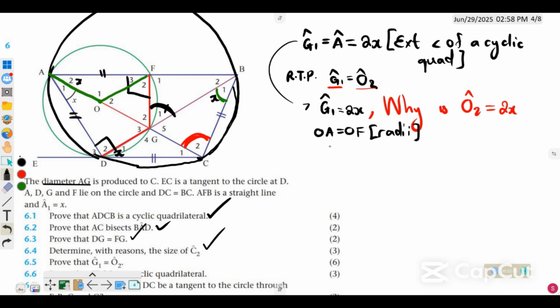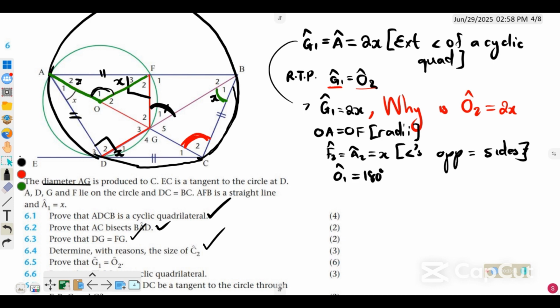Which then gives us that angle F3 will be equal to angle A2, and they'll both be equal to x. And these are angles opposite equal sides. Right. So once we have an x even for this, then we can find O1, sum of angles in a triangle. Angle O1 is equal to 180 degrees minus 2x. And these are angles in a triangle.